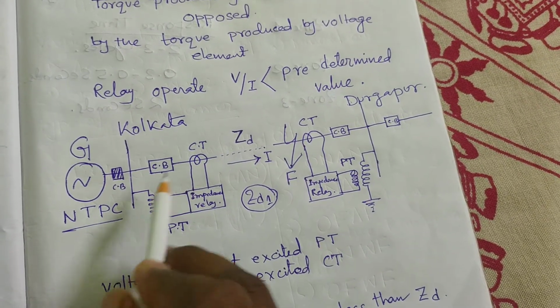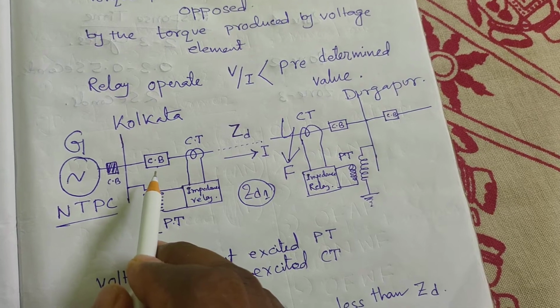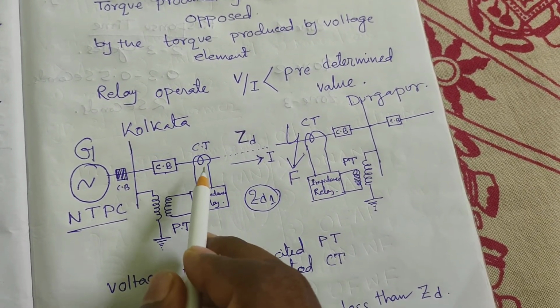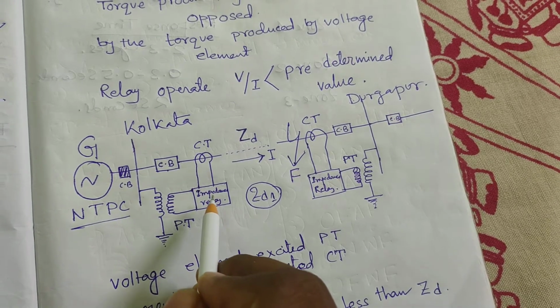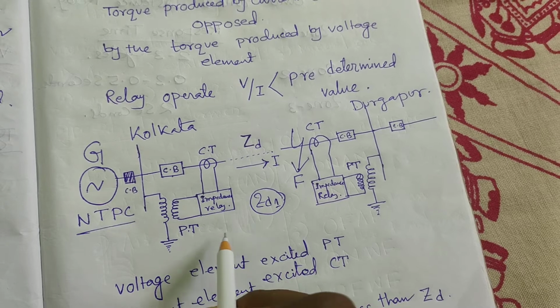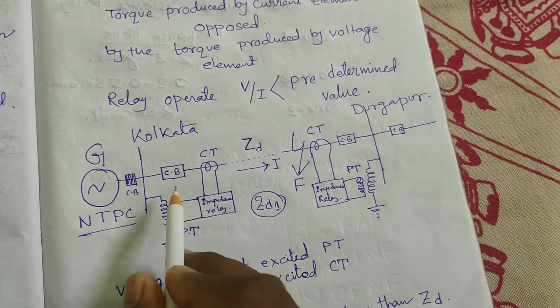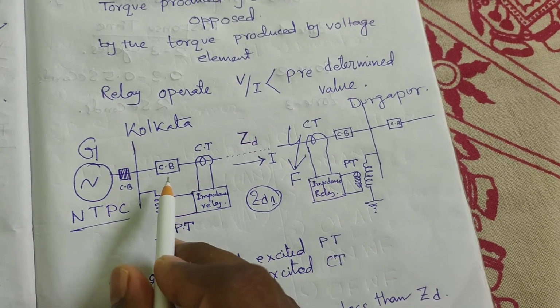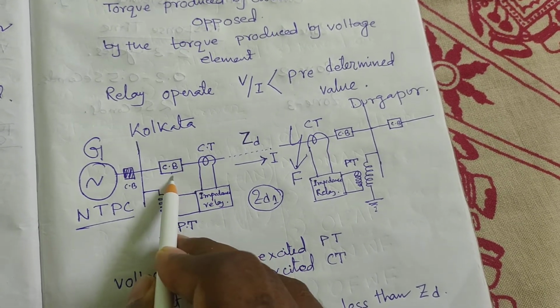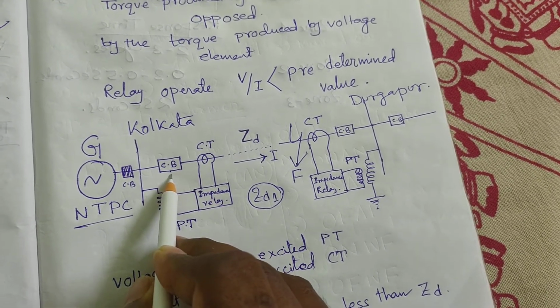Accordingly, in the specified circuit the current will flow from the CT, and that CT current will go to the relay, and the relay is connected with the 86 relay, and one coil of that 86 relay is connected with the circuit breaker trip circuit. Then with the help of that path, the circuit breaker of the Kolkata substation will be tripped.